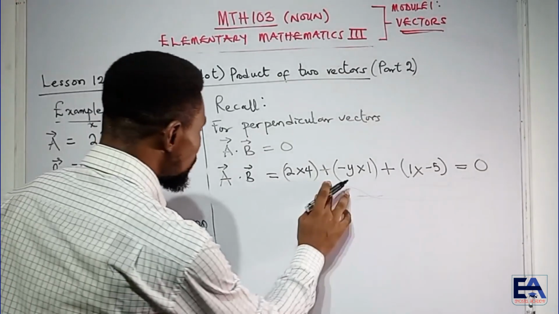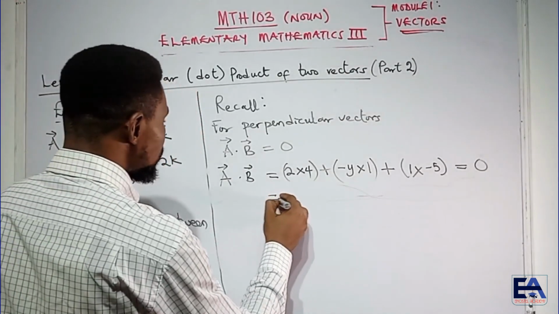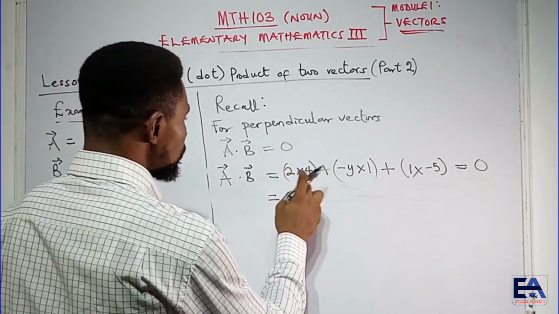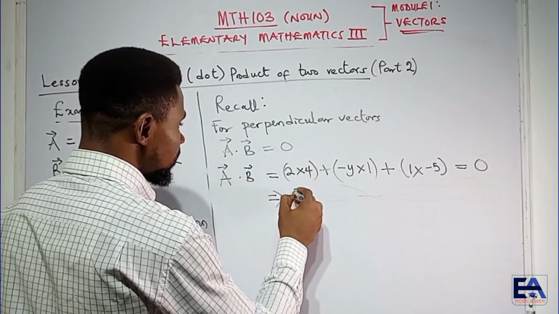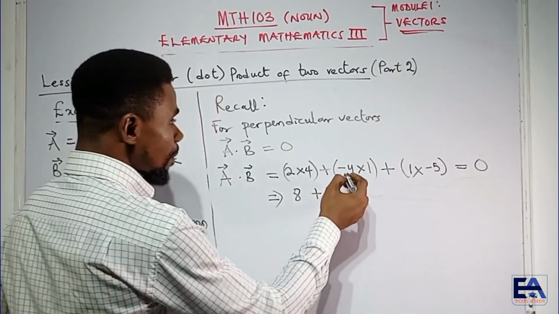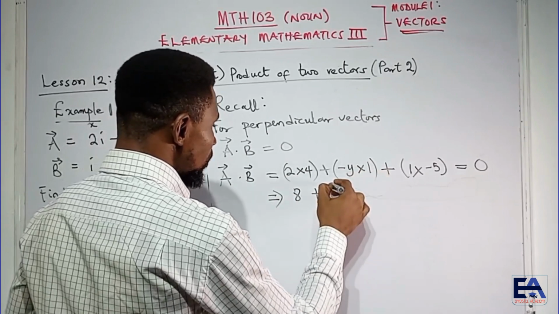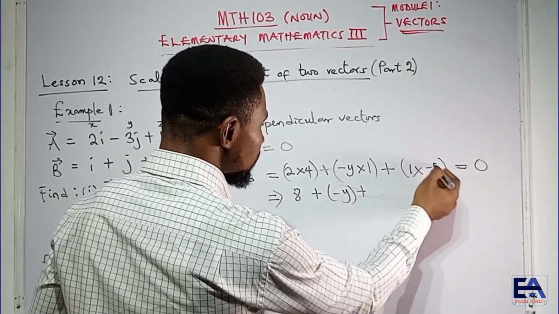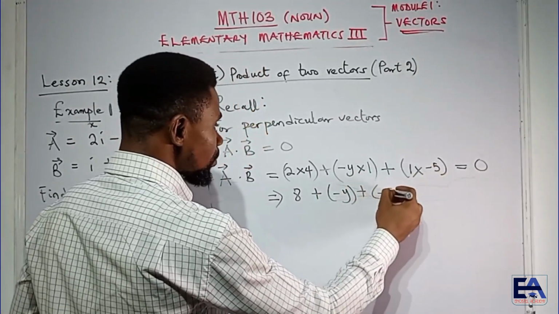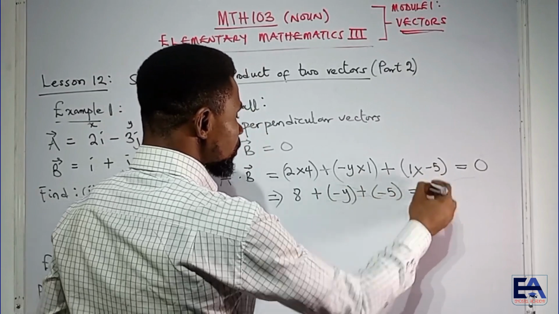So as you have it that way, you are going to say 2 times 4 is 8, plus minus y times 1 gives us minus y, then plus 1 times minus 5 gives us minus 5 equals 0.